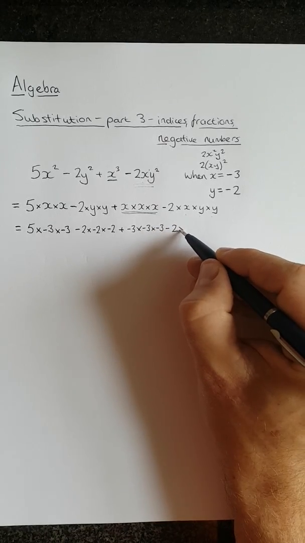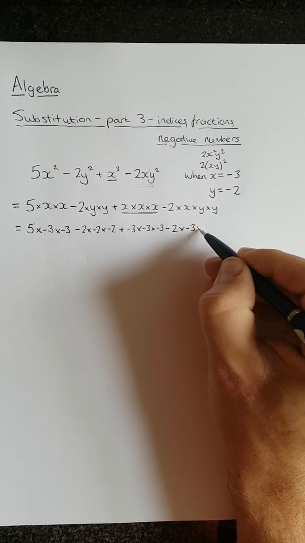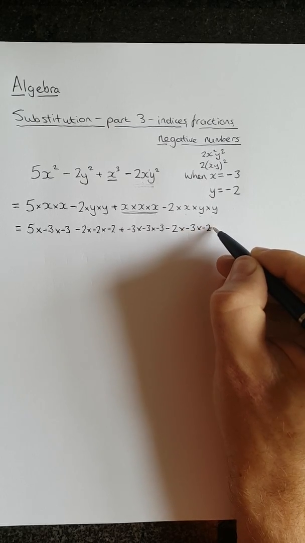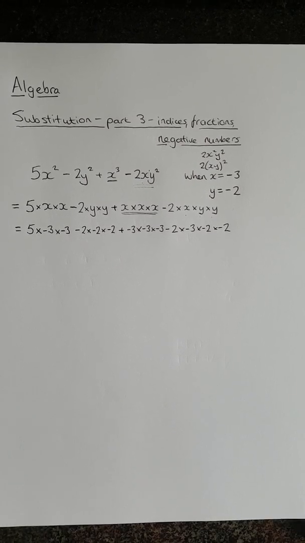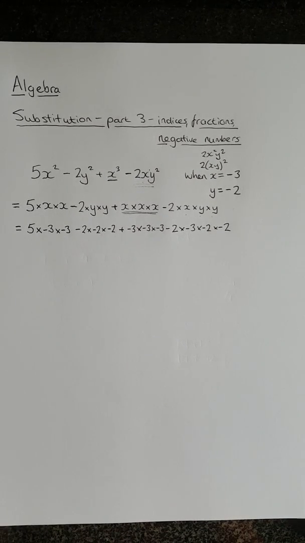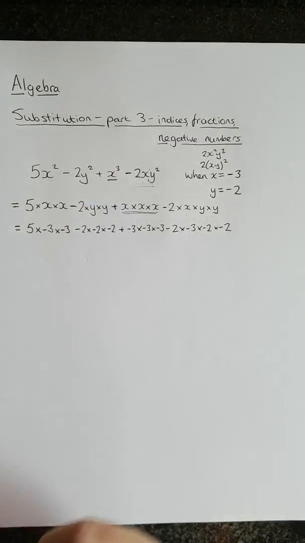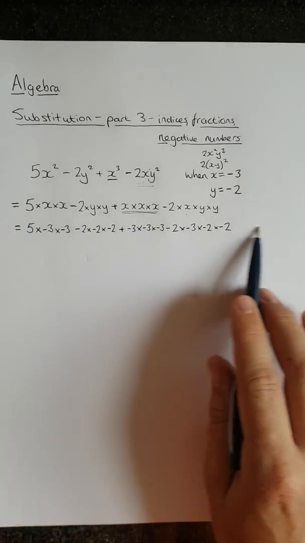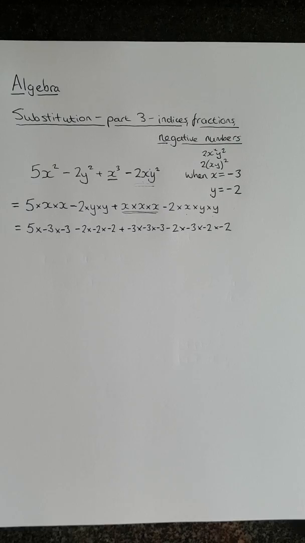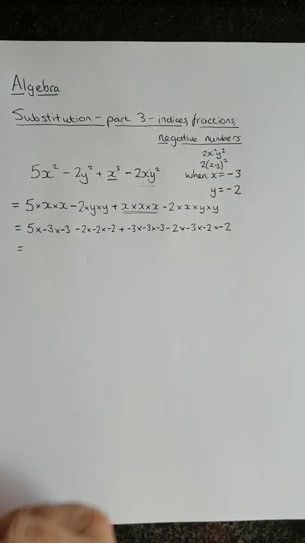Minus 2 times minus 3 times minus 2 times minus 2. Now I'll show you a shorthand for this at the end of the topic, but for now I think it's useful to write it out longhand. You're not going to get powers much higher than a 3 in these kind of situations. So you're not going to have to write strings and strings and strings. This is about as long as you'll get.